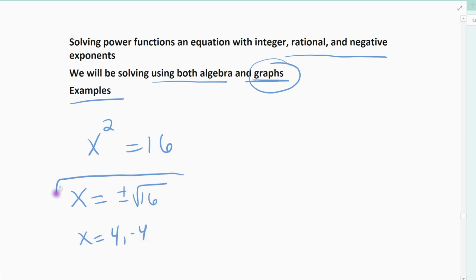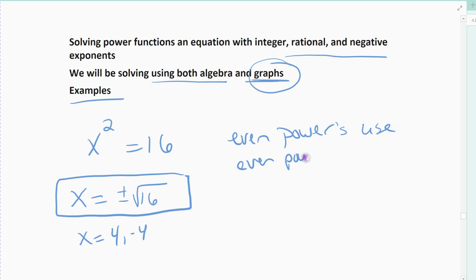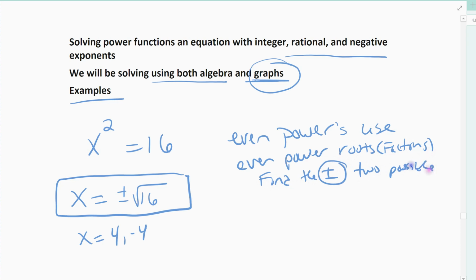And so I've got to keep in mind this: whenever I solve even powers, and I use even power roots or fractions, we always have to find the plus minus. There are always two possible solutions.